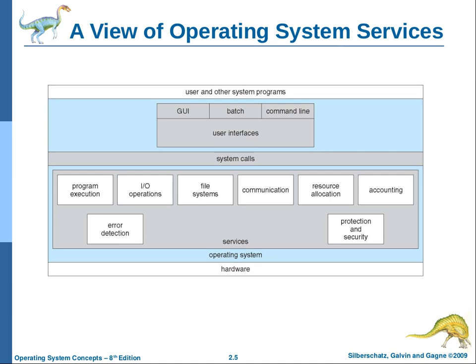This is a more expanded view from last time of what the operating system is. Remember, you have your hardware at the bottom. That's not part of the operating system. That comes from your hardware manufacturer. And then right on top of it is the operating system, namely your kernel. On the low level, it usually provides a bunch of different capabilities: program execution, I/O operations, file systems, communication, resource allocation, accounting, error detection, and protection.